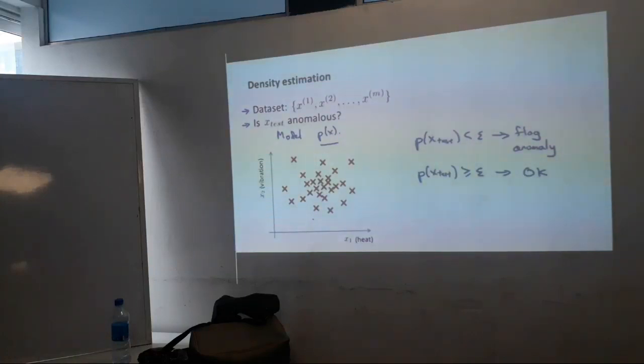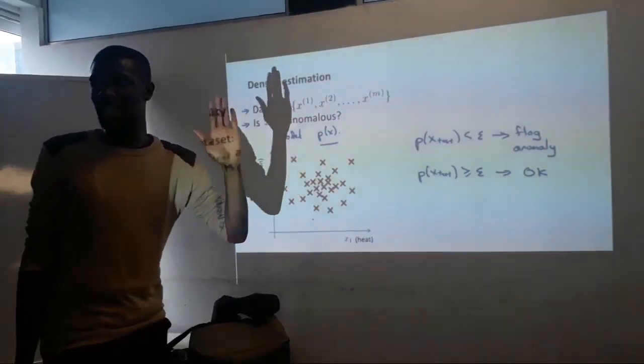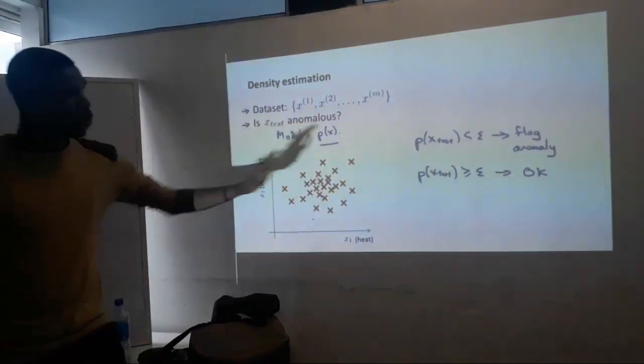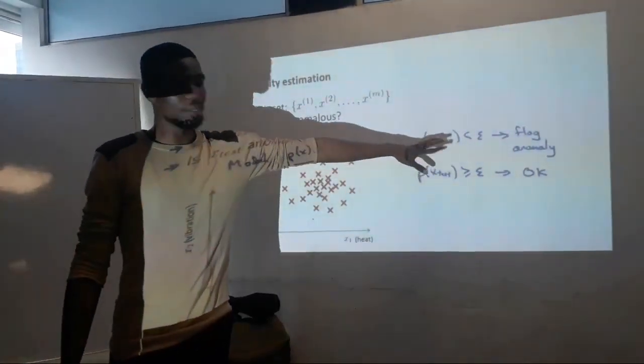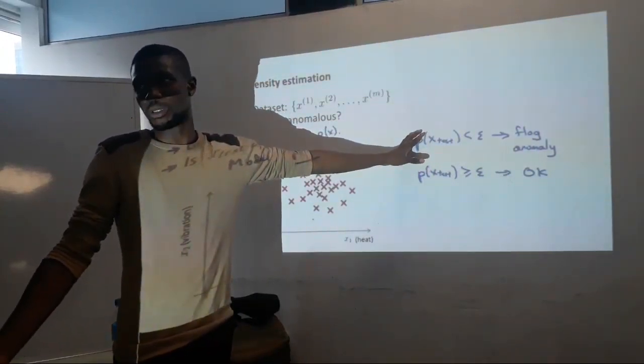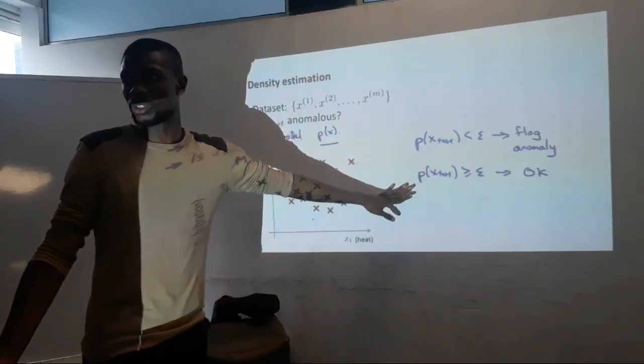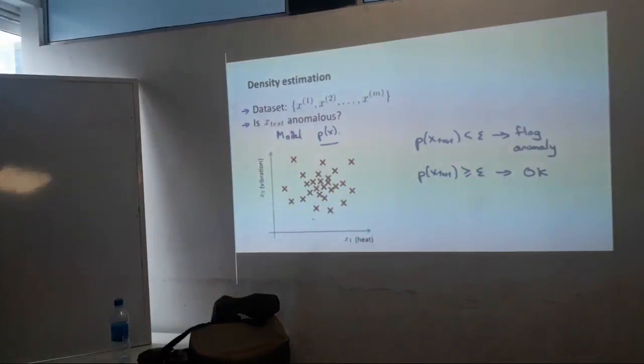But if it is less than the threshold, you say that engine is bad. So the new engine is less than a particular threshold, let's say 0.02, it is bad. If it is above that threshold, it is good. Alright?